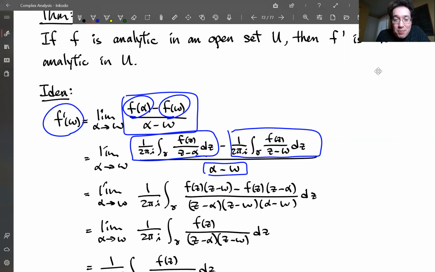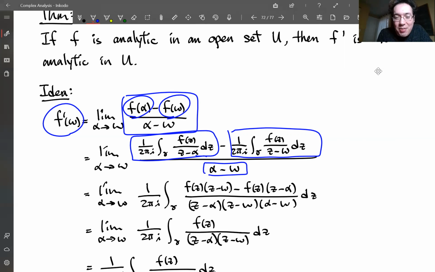Okay, let's get the common denominator and add the fractions in the inside, at the top, I mean. So z minus alpha and z minus w are different factors. So you could multiply top and bottom on the first fraction by z minus w, and we're going to multiply the second fraction by z minus alpha over z minus alpha, and we could subtract.